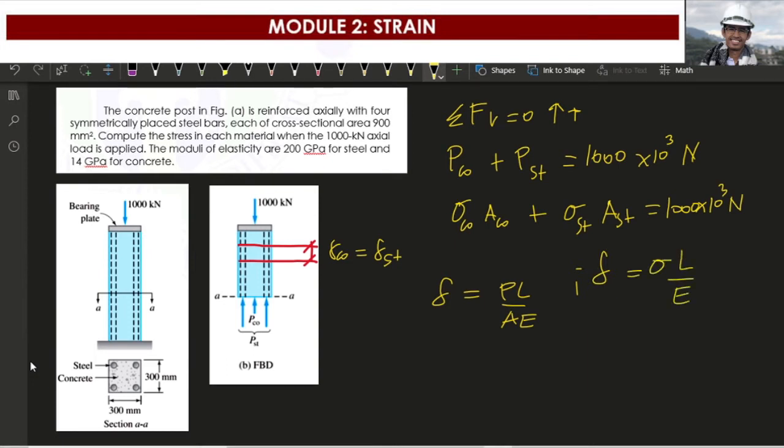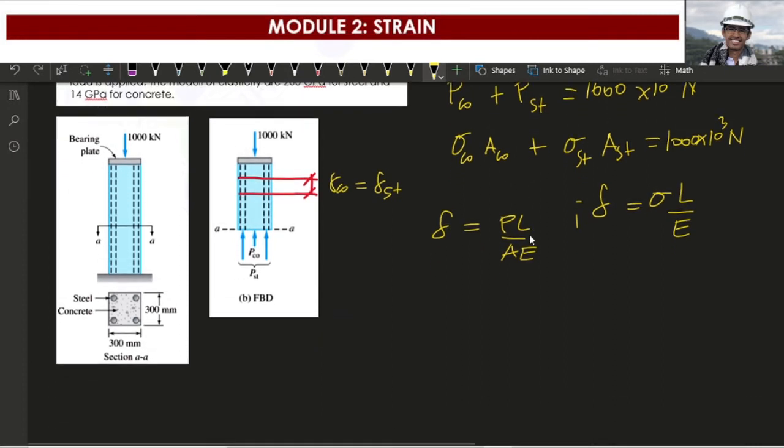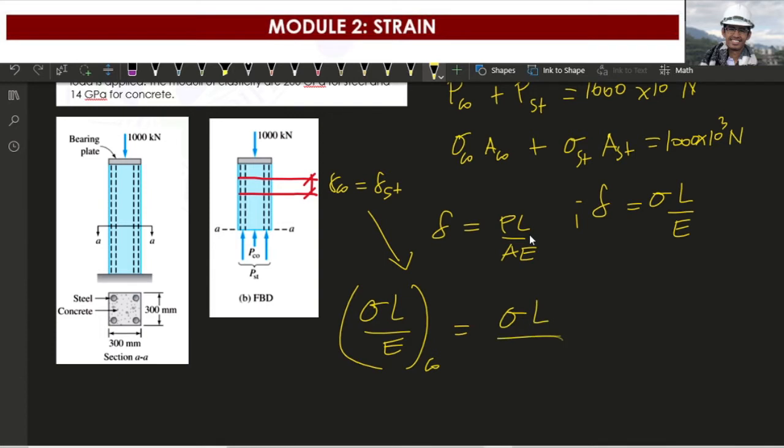Okay. So, i-substitute natin ito dun sa ating compatibility equation. So, that will be stress and length and E ng ating concrete, that is equal to stress and times length over E ng ating steel. So ayan, yung length natin is same lang din, di ba?